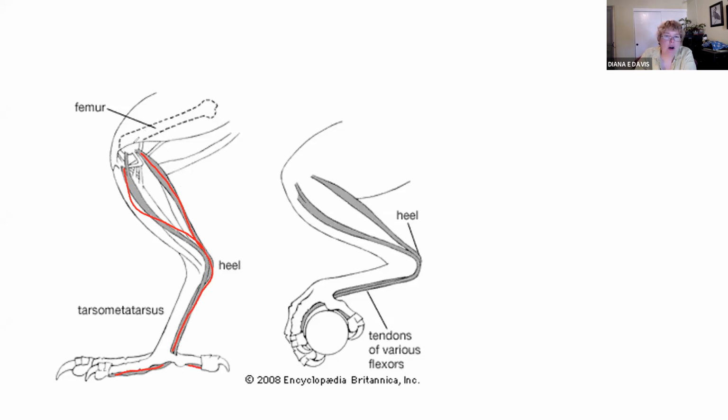And they connect all the way up here to the femur. And when the bird is perched and sitting, kind of squatting down, these tendons are pulled tight like a rubber band. And so when they're being pulled tightly, they pull on the toes and pull the toes into a curled position.